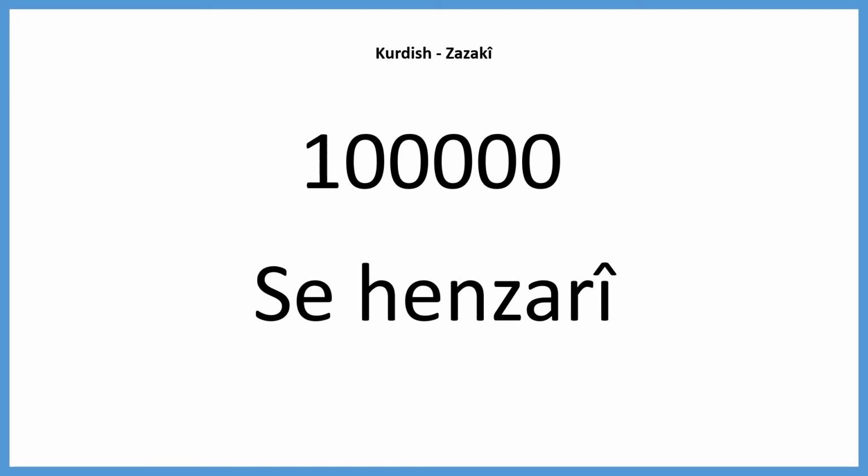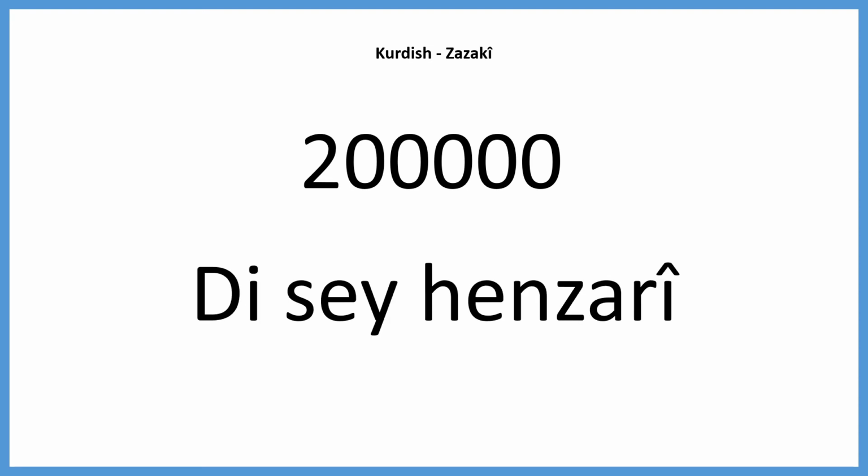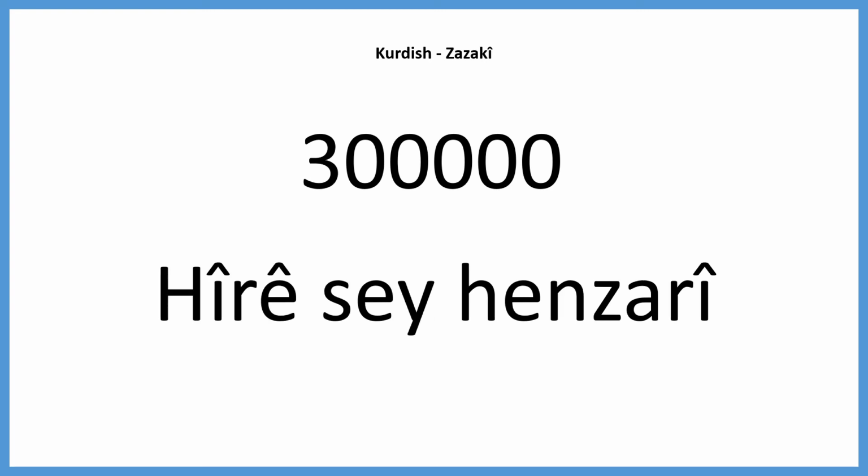So, 100,000 would be se henzari. 200,000, desey henzari. As we have two lots of 100,000 making 200,000, we need to make se plural, so se becomes say. Desey henzari. 300,000, hiresey henzari.